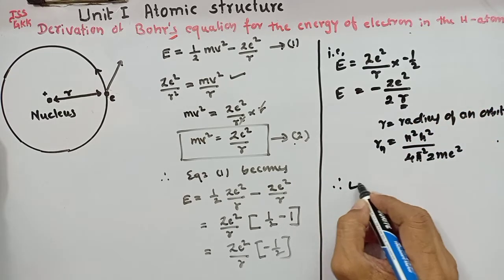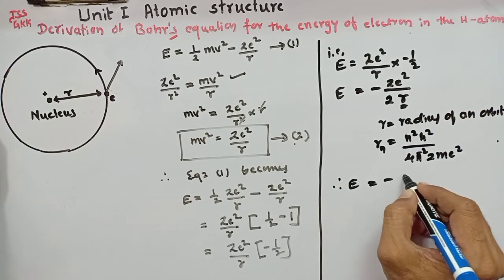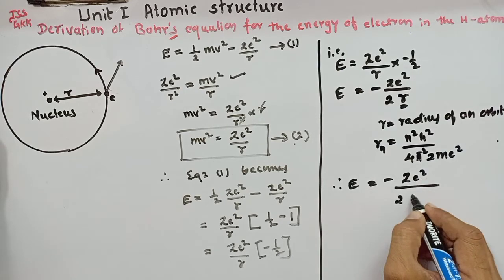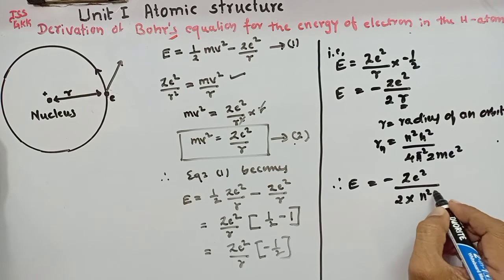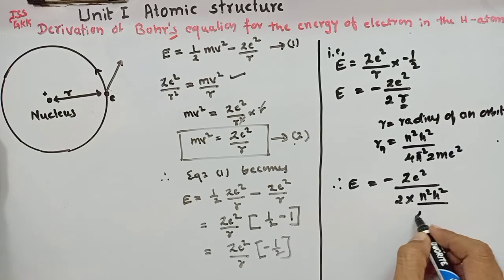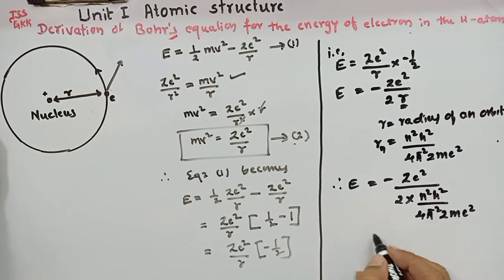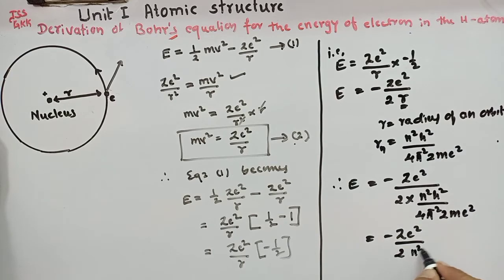Therefore, energy is equal to minus z e square divided by 2 into n square h square divided by 4 pi square z m e square, that is equal to minus z e square divided by 2 n square h square, into this term will come upper side, that means 4 pi square z m e square.